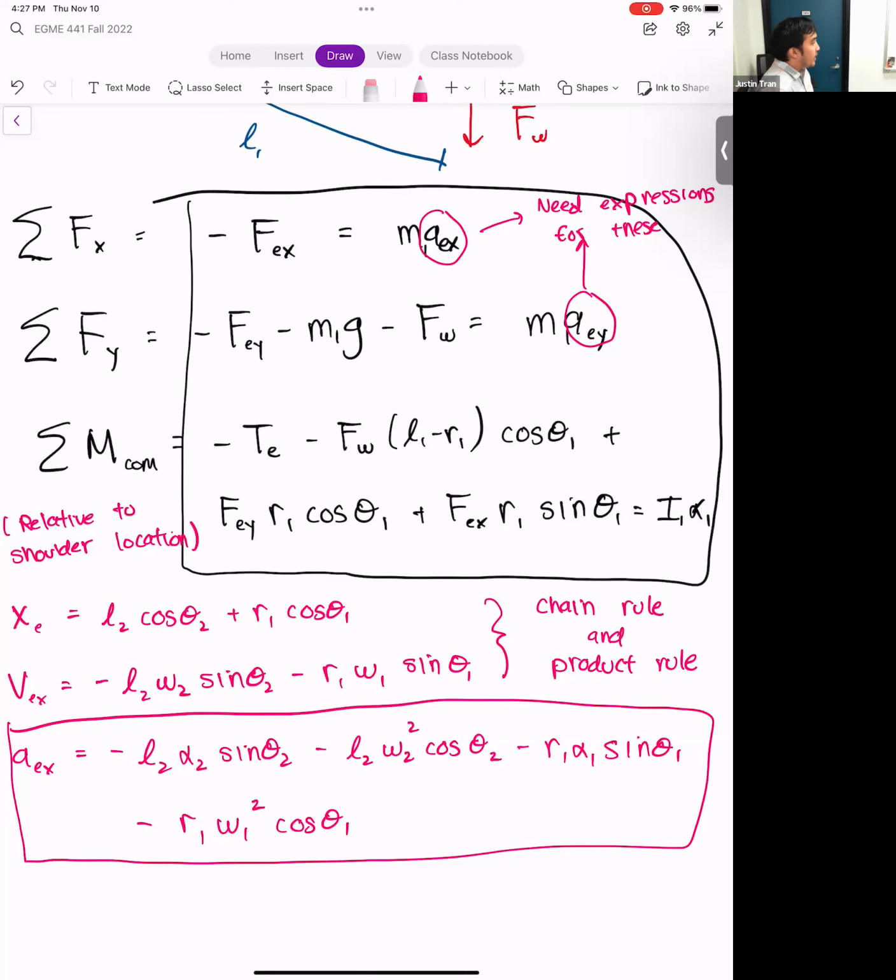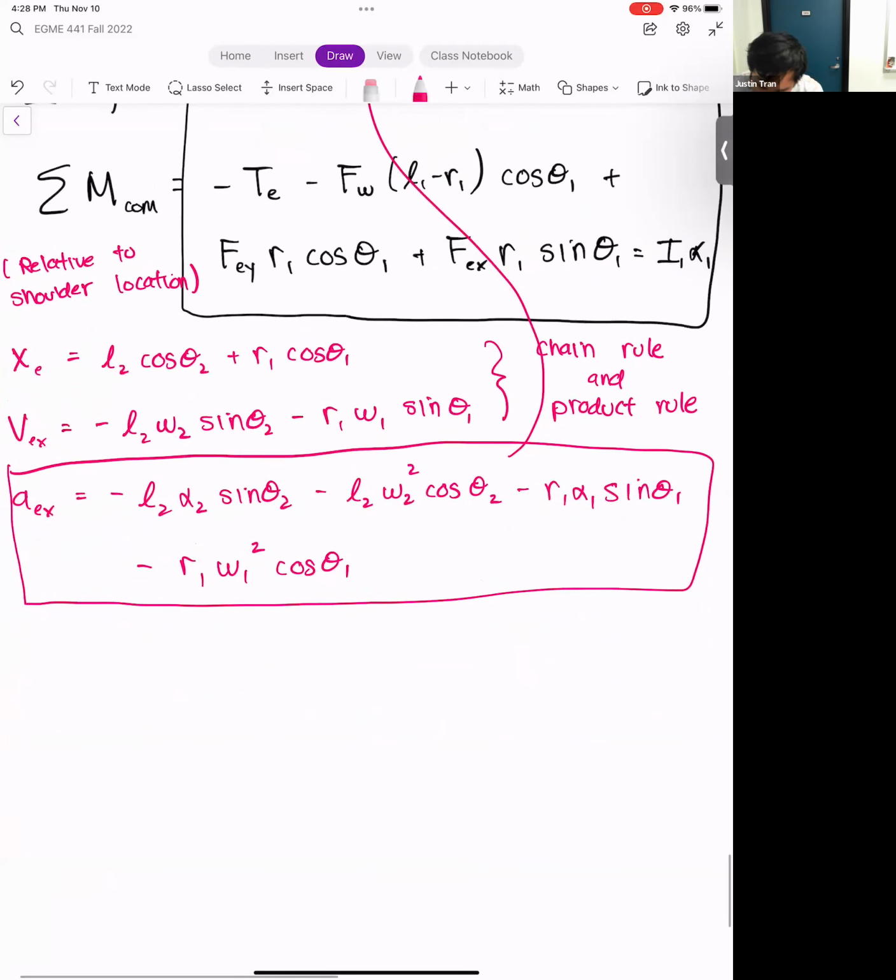And so we have an expression for AEX. And so this is going to plug in straight up here. Okay. And then let's do the same thing for Y. And so we have YE is equal to L2 sine theta 2 plus R1 sine theta 1. Let's take derivatives. L2 omega 2 cosine theta 2 plus R1 omega 1 cosine theta 1.